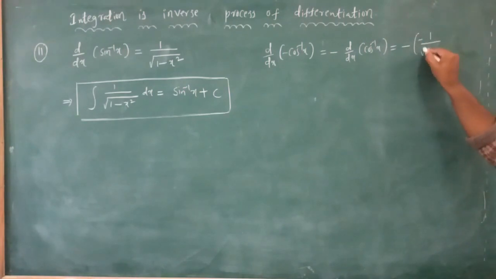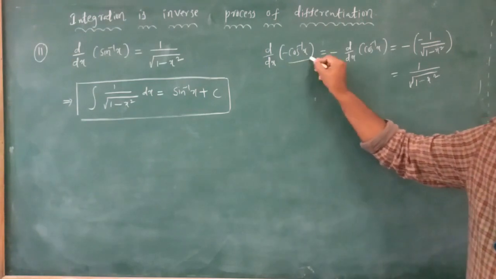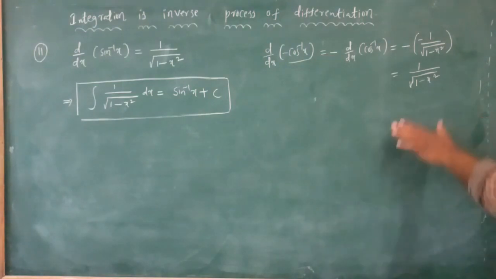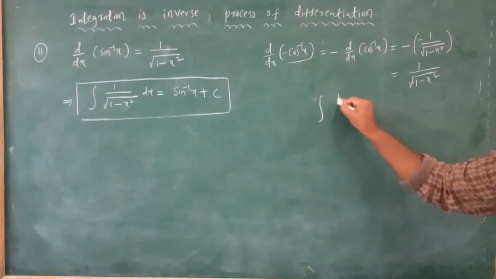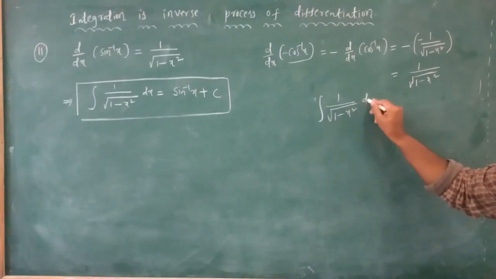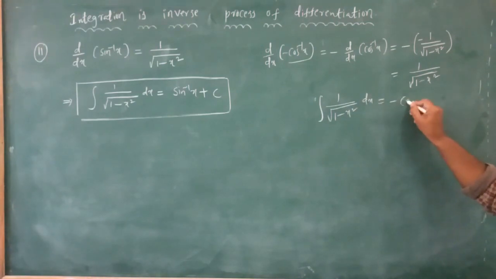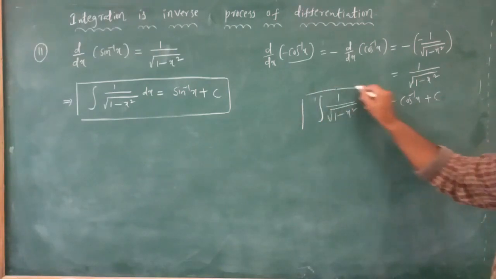Minus 1 by root over 1 minus x square. So that equals 1 by root over 1 minus x square. The derivative of minus cos inverse x is 1 by root over 1 minus x square. Here what we can write? The integral of 1 by root over 1 minus x square dx is equal to minus cos inverse x plus c.